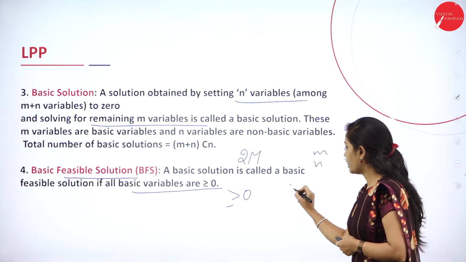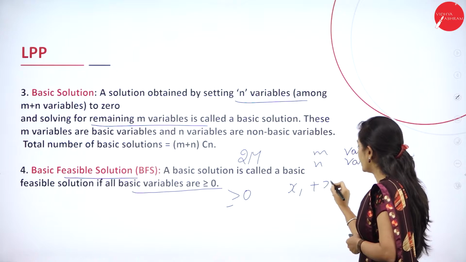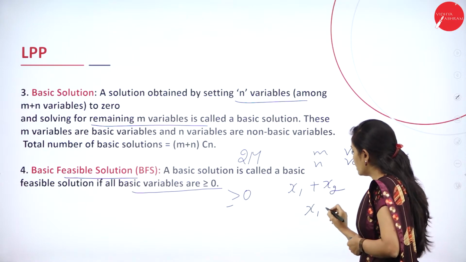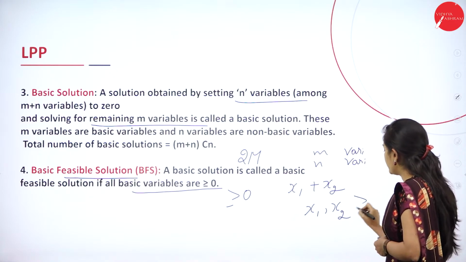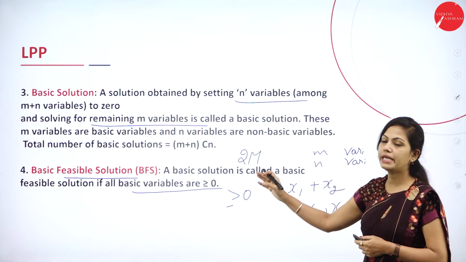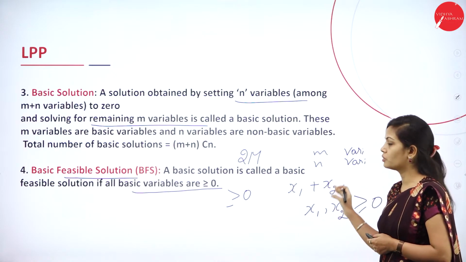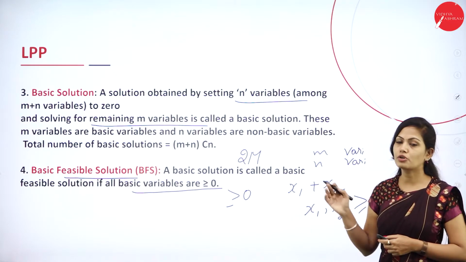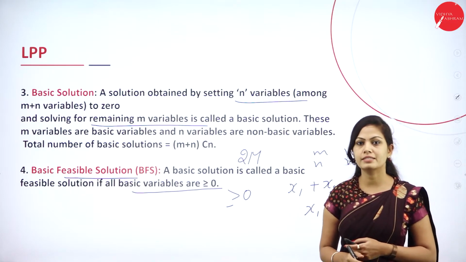For example, if I have x1 and x2 variables, then x1 and x2 should be greater than or equal to 0. Then it is called a BFS, basic feasible solution. So all the variables should be greater than or equal to 0. That is called non-negative constraints.